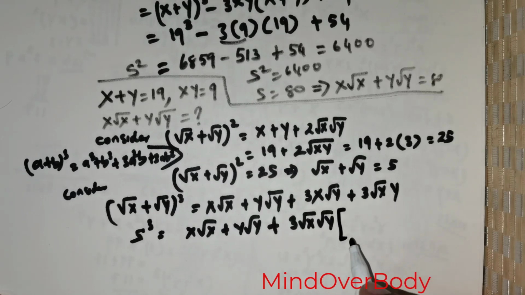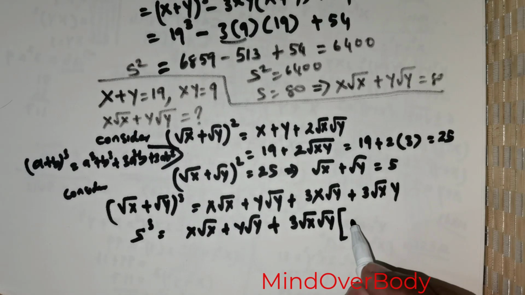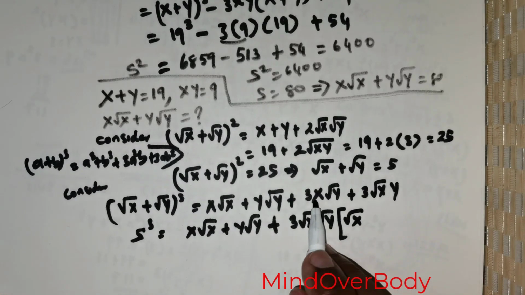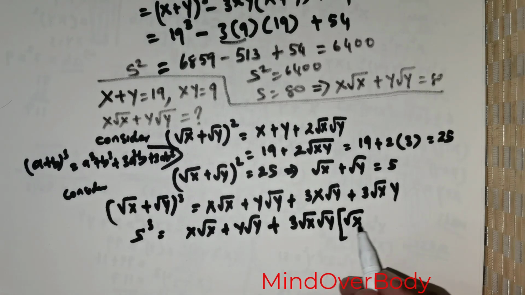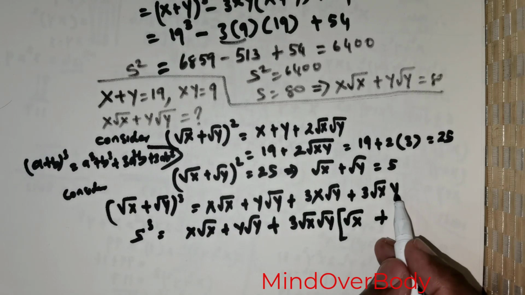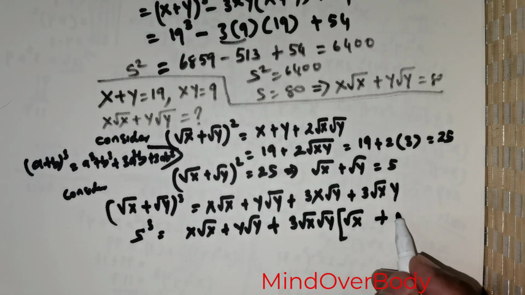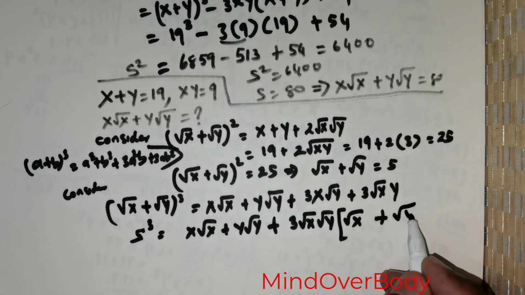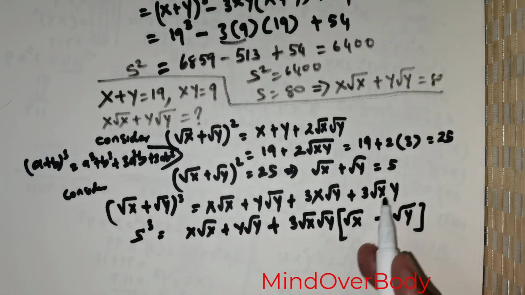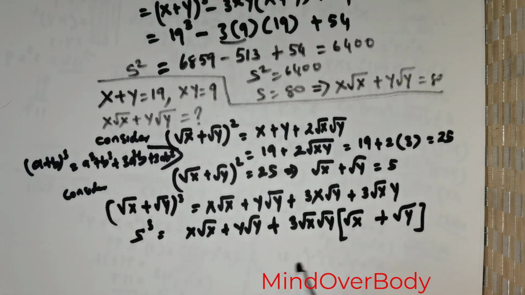So if I were to do that, I would get within the parenthesis a root of x, because root of x times root of x has to give me x. I don't have to place anything after that, followed by a positive sign, and then I need to produce a y here. And to produce a y, I need to have a root y here. Now clearly root of y times root of y will give me y. Of course the terms 3 times root of x will also follow. So I've got a quantity like this.